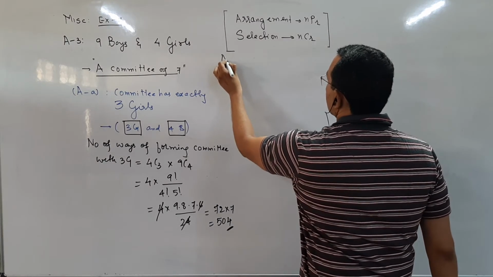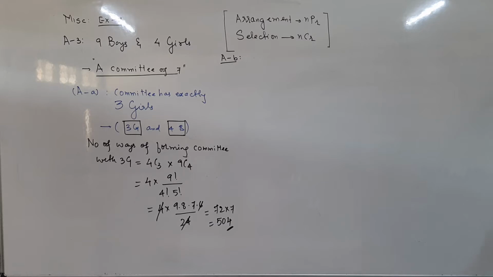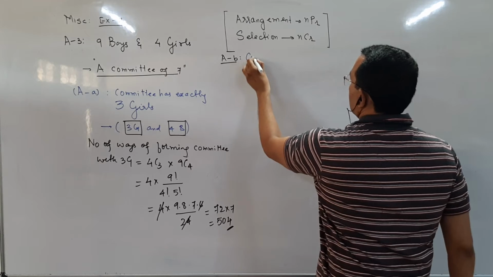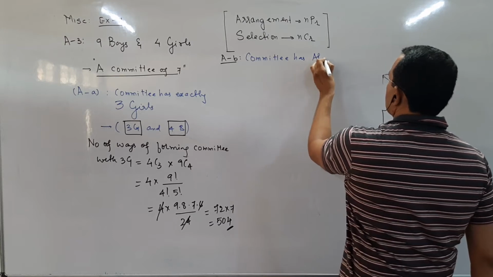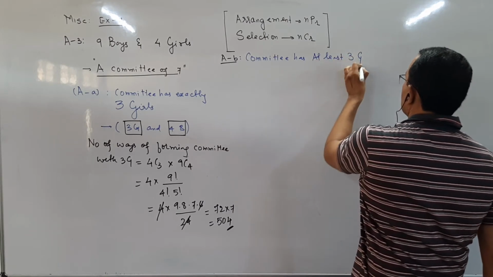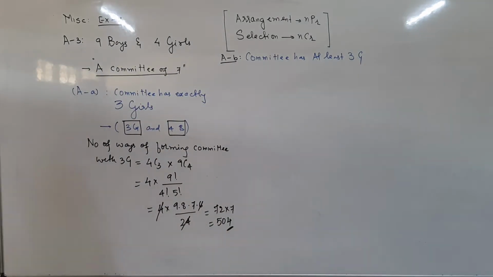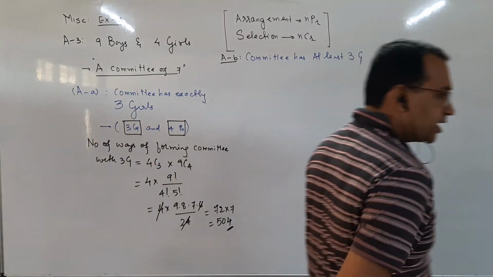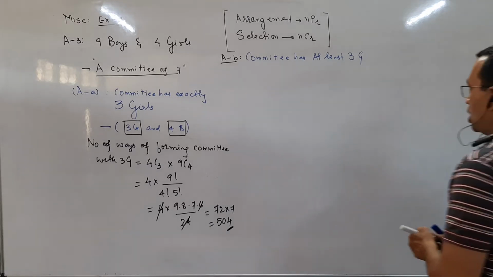Now answer B. Committee has at least 3 girls. Now this is very interesting. At least means minimum that much, more is allowed, less is not allowed. So if there are at least 3 girls, more girls are allowed, 4 are allowed. If 5 were there, it would be allowed, 6 are allowed.